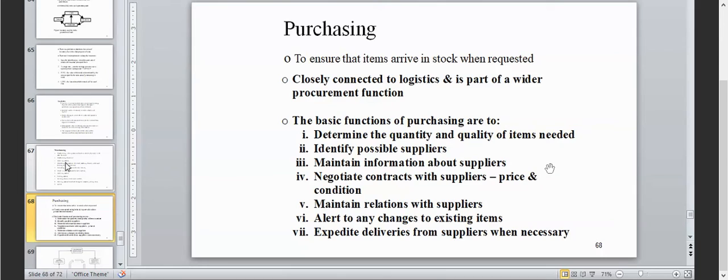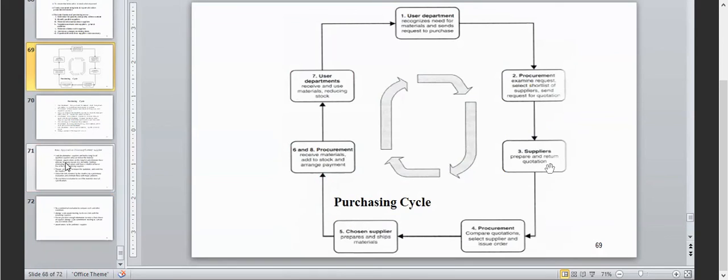Purchasing also needs to be alert with the changes of specification of items produced by the production department, and expedite delivery from the supplier when necessary. And this is the purchasing cycle.